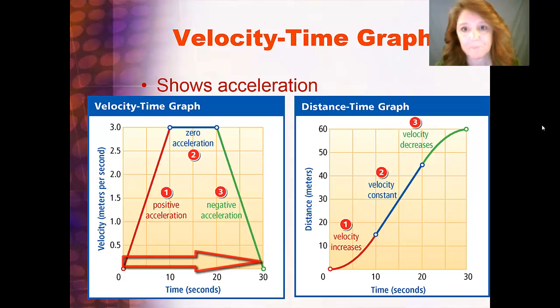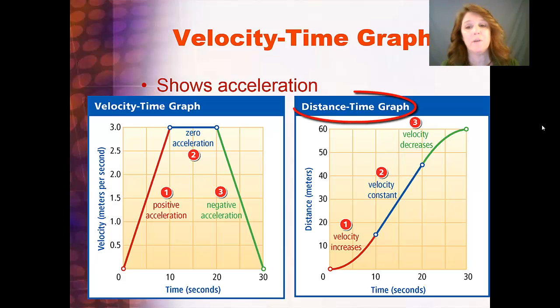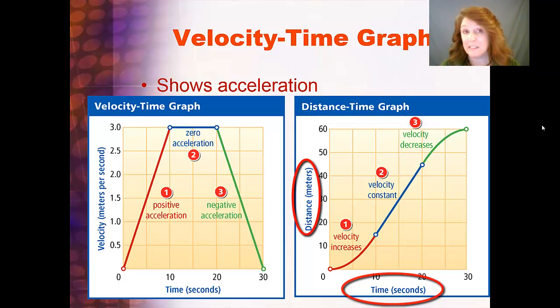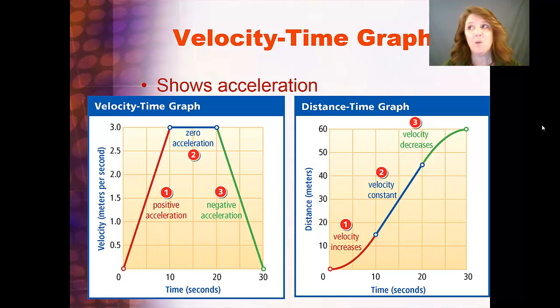Okay? I'm going to start with the one that you've already seen, the distance time graph on the right. Here we have time on the bottom, and distance on the side. That means that as we're marching through time, the distance from the spot where we started is always increasing, which means we're going in one direction, and we keep getting farther and farther away.